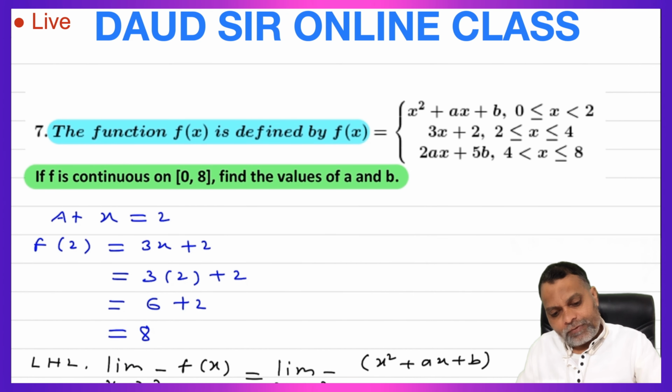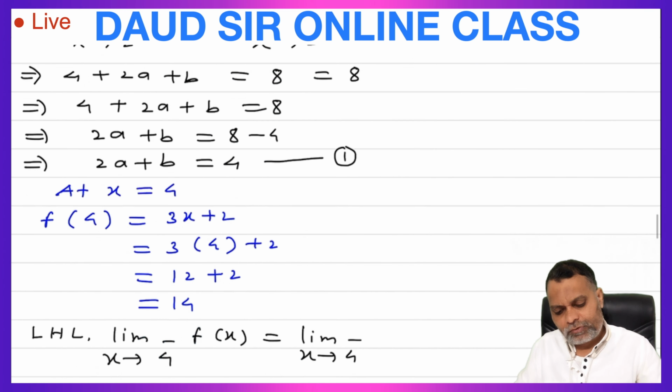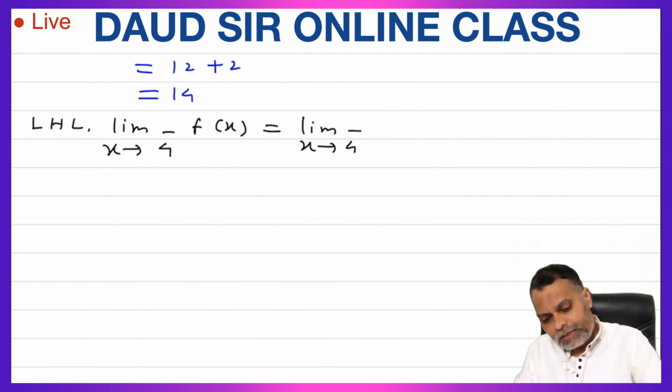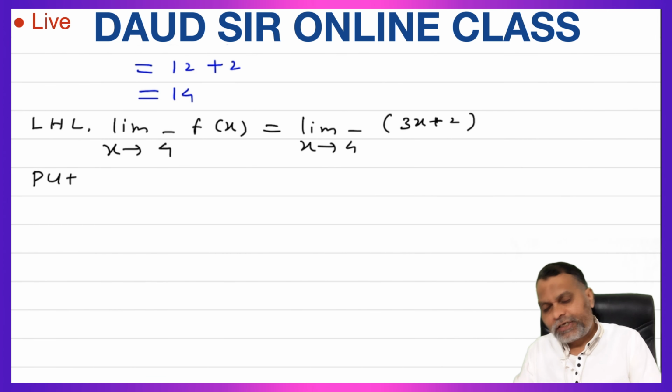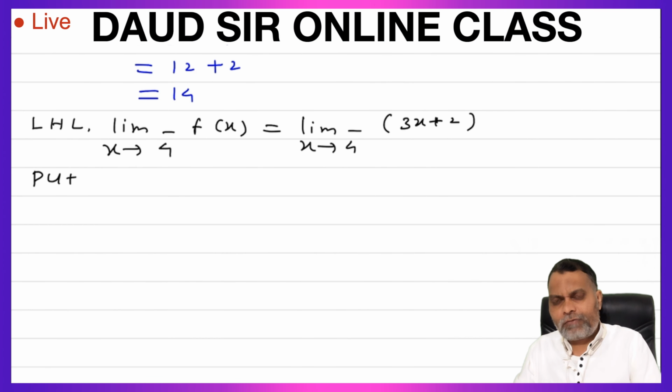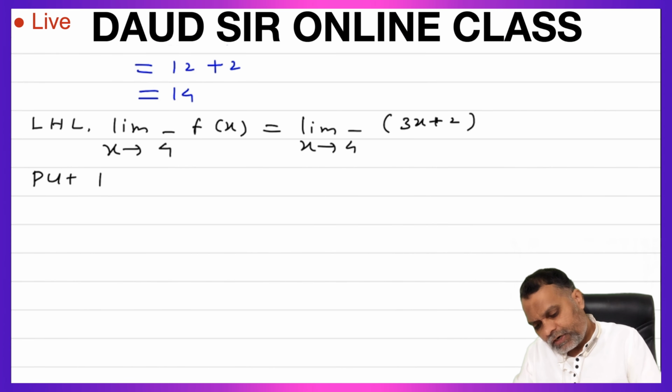Here x is less than 4, so take this function 3x plus 2. For left hand limit, we have to put x is equal to a minus h. Here a is equal to 4. So put x is equal to 4 minus h.